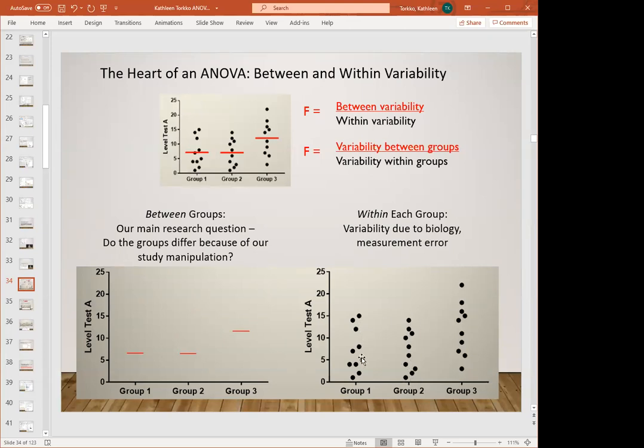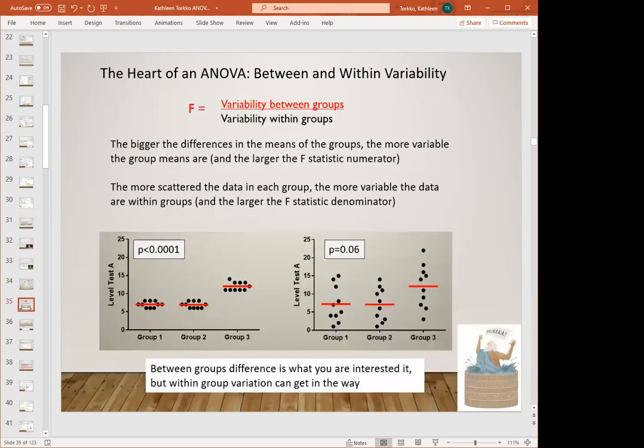And if this is too big, it's going to overwhelm what we see between the groups, because what we're really interested in our experiment is how our manipulation, whatever treatment or experimental procedure we did, made some difference. But it also depends on how variable the underlying data are.